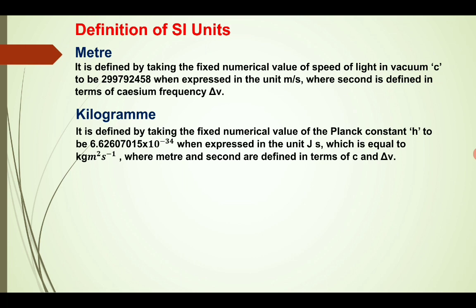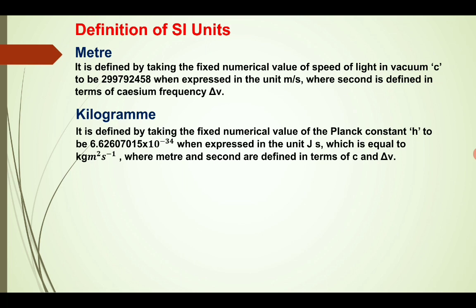And you know the unit for length and the unit for second, and all these are defined in terms of the speed of light and the frequency of the cesium atom.